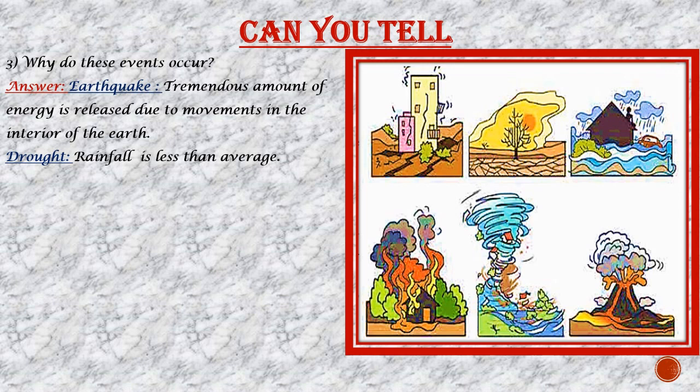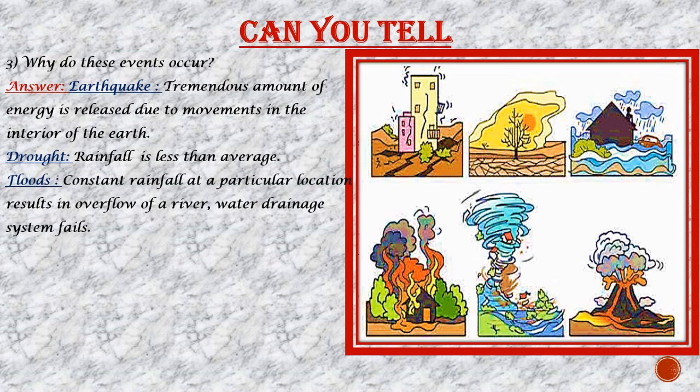Flood refers to the submerging of normally dry land by an overflow of water, and the constant rainfall at a particular location results in overflow of a river which causes floods. Fire may be caused due to deliberate or negligent human action.